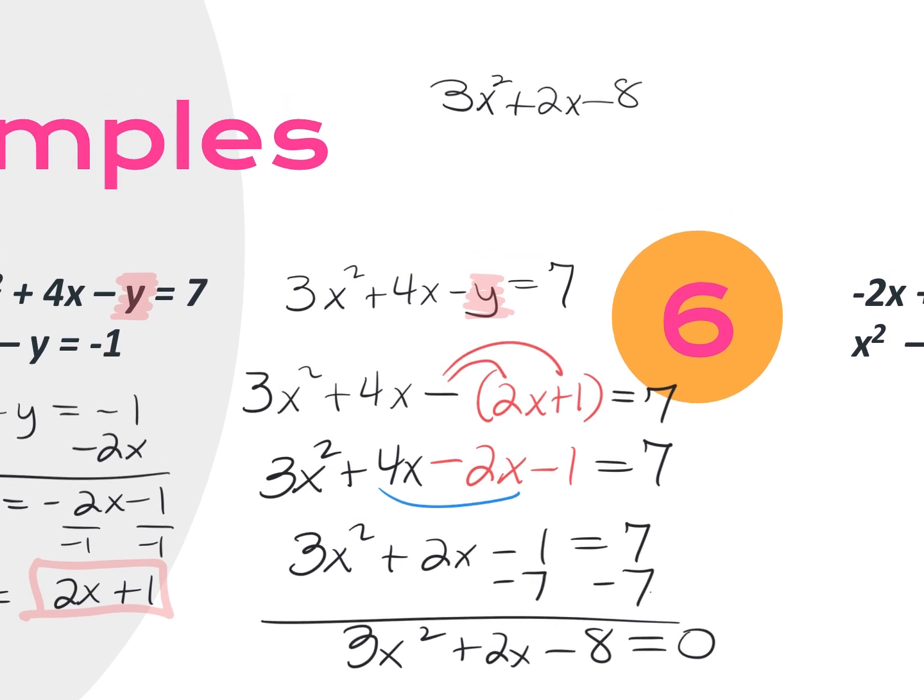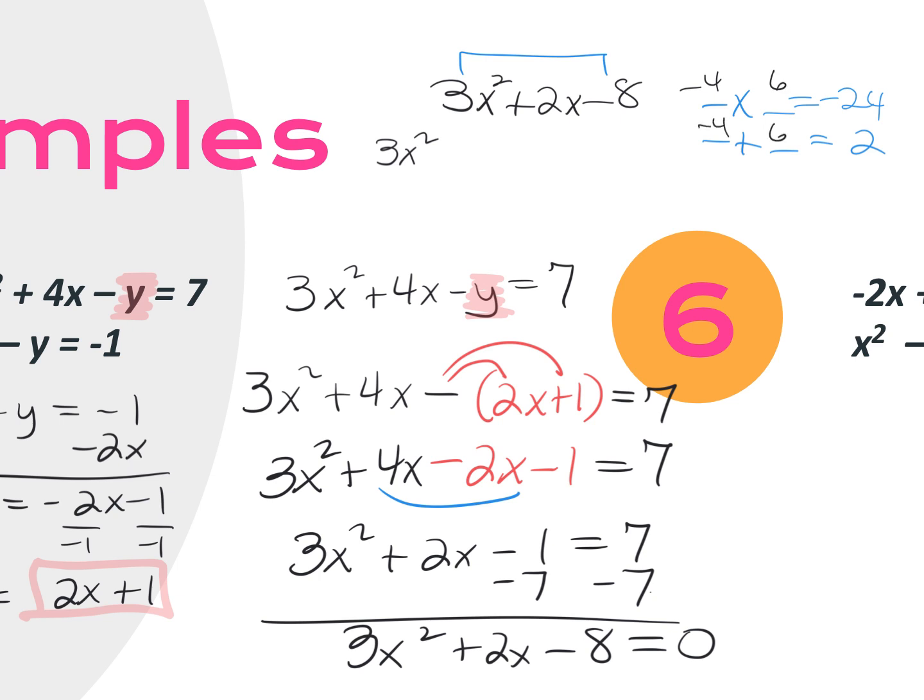I'm going to multiply the beginning and the end. I'm looking for two numbers that multiply to give me -24 but add to give me the middle. So rewrite the first term. Those two numbers are going to be -4 and +6.